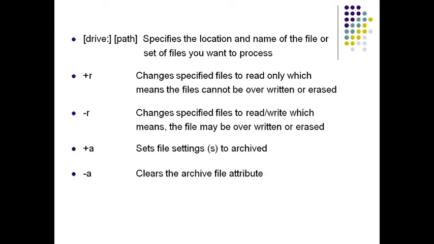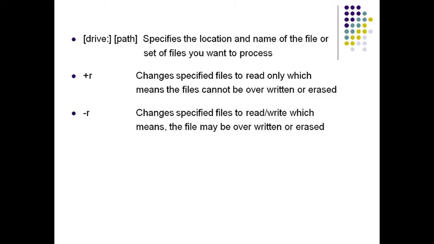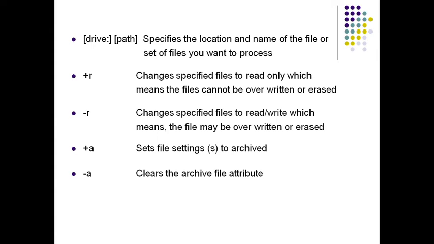Let us see the explanation of this syntax. Drive path: what is this drive path? It specifies the location and name of the file or set of files you want to process. Next, plus R. What is the meaning of plus R? It changes specified files to read only, which means the files cannot be overwritten or erased.